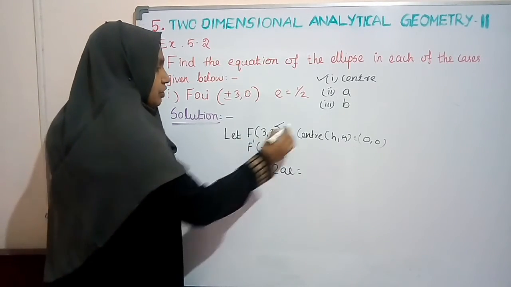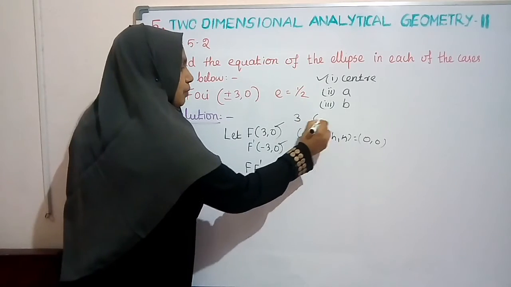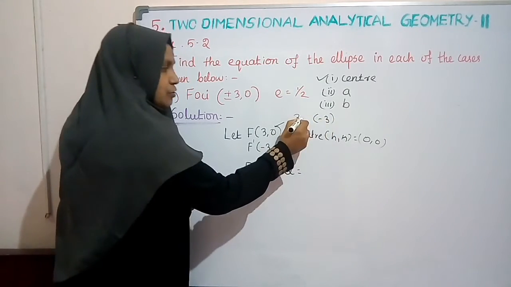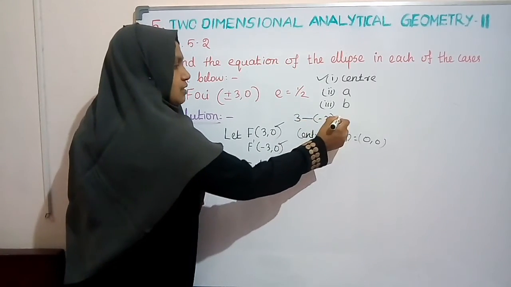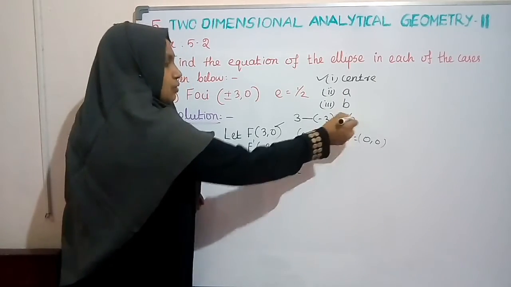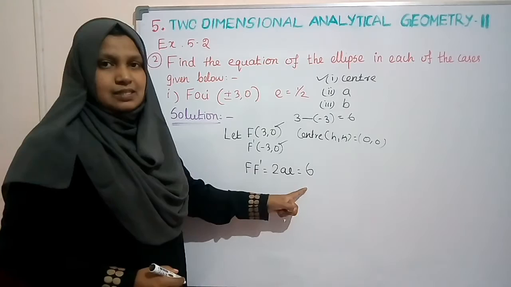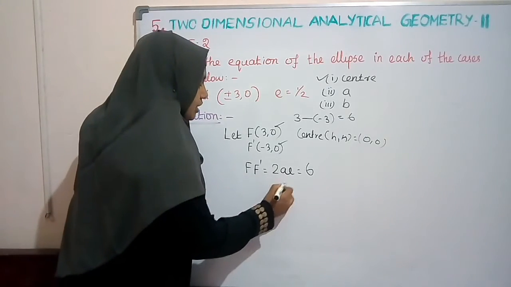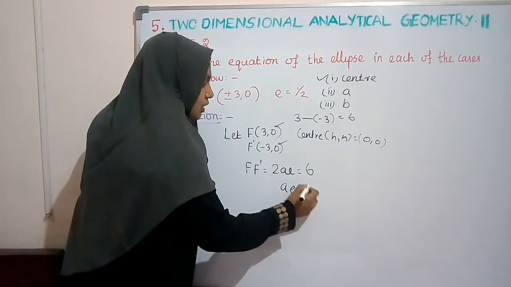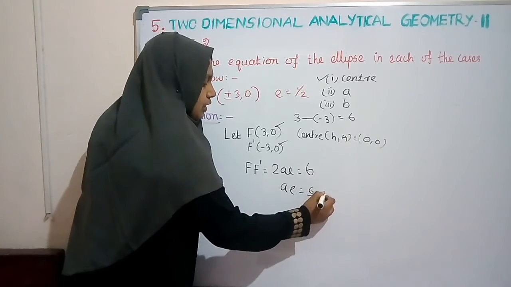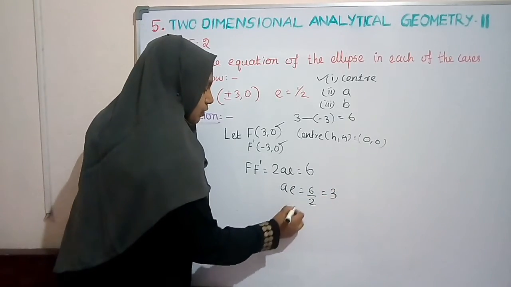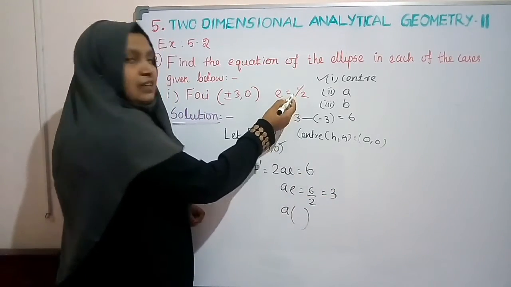If you subtract 3 and minus 3, 3 minus of minus 3 gives 3 plus 3, so it is 6. So we got the distance 2ae as 6. Therefore, we can write ae is equal to 6 by 2. It is 3.